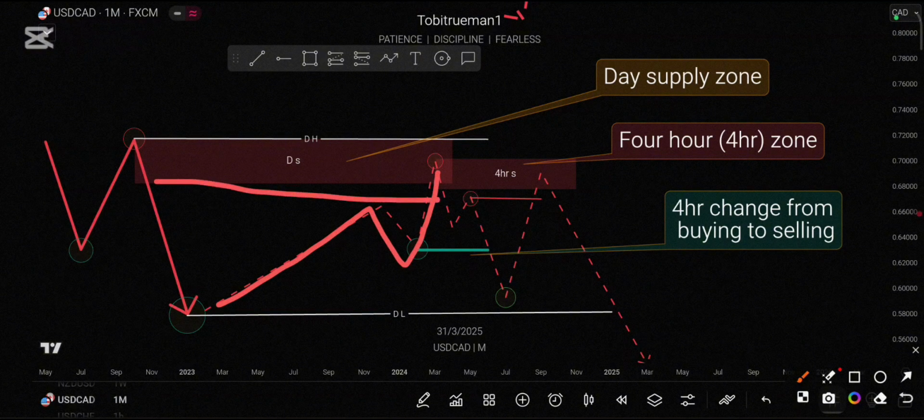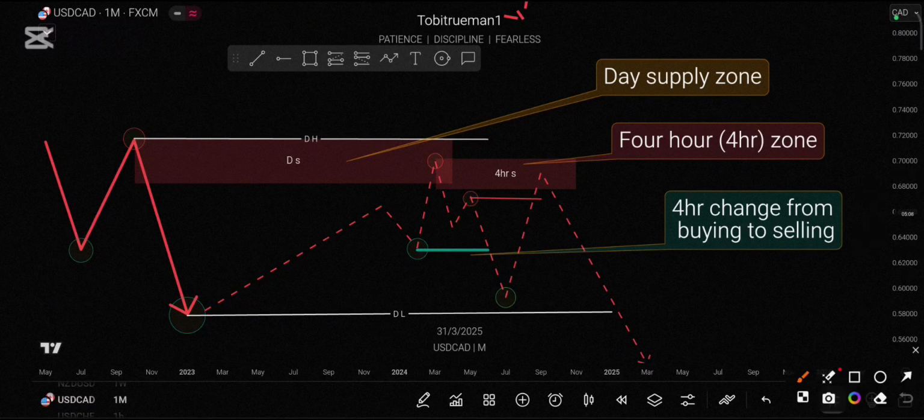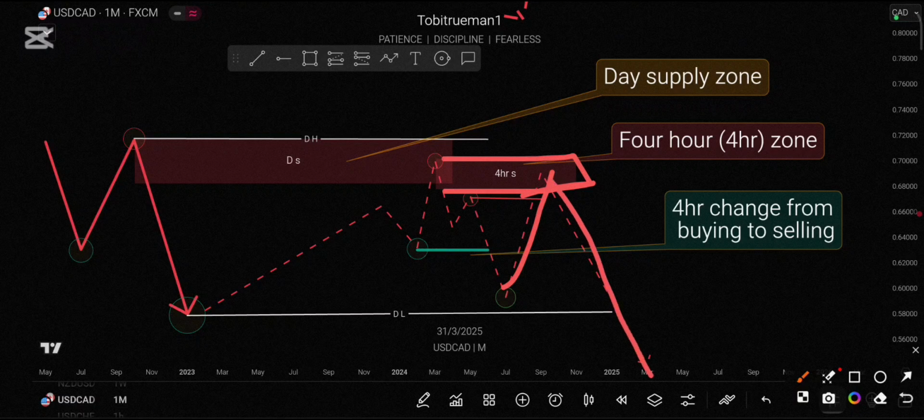When price taps into it, it can leave us with this type of structure. When price just takes out these low points on the 4-hour, it is going to cause what we call a 4-hour change from buying, and then we're going to be selling. And for us to sell, if price now leaves a supply zone there on the 4-hour, it is on that 4-hour supply zone that we're going to be tagging along and selling the market.